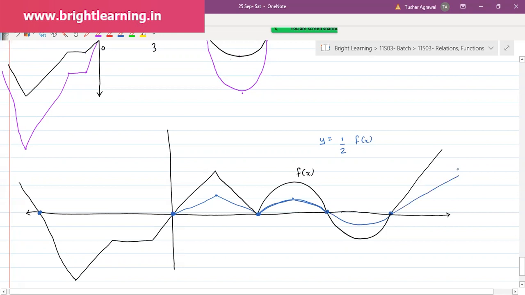Is that clear? Yes, sir. Here the graph will come upwards. Don't make it parallel here, which is wrong. The correct graph will be this way.